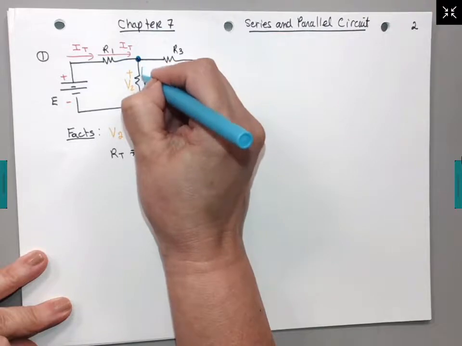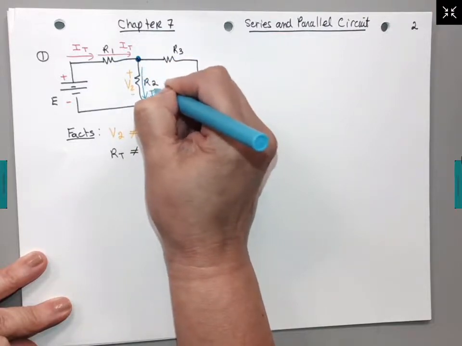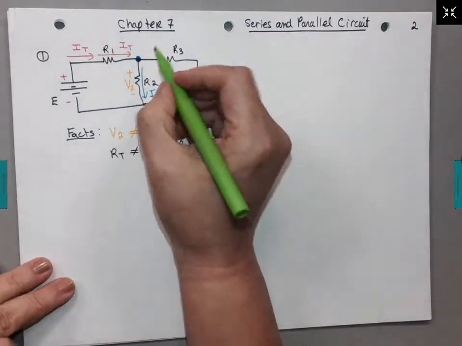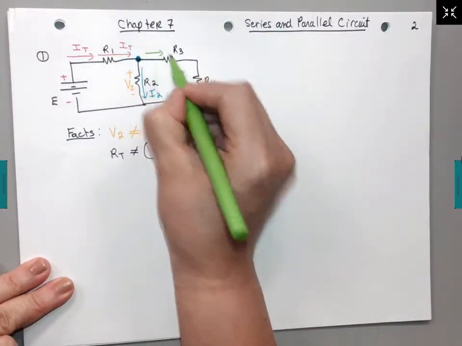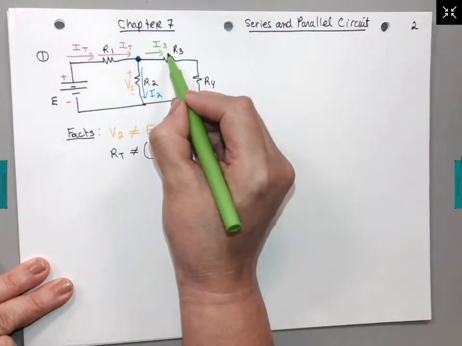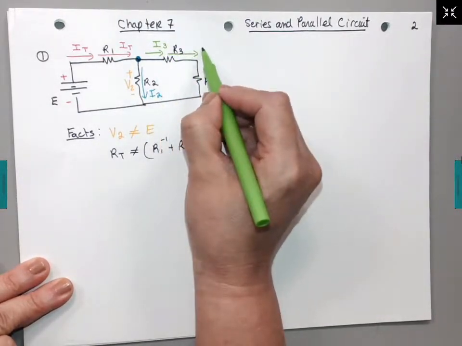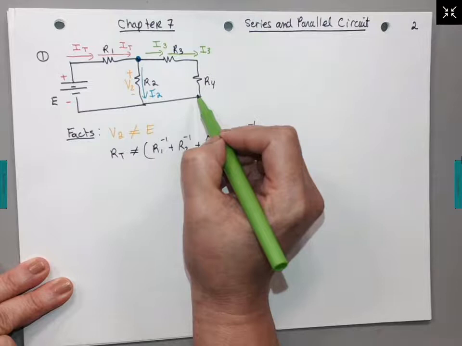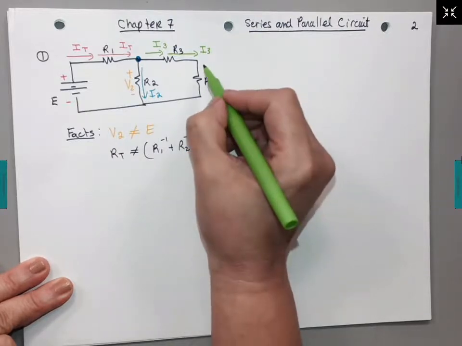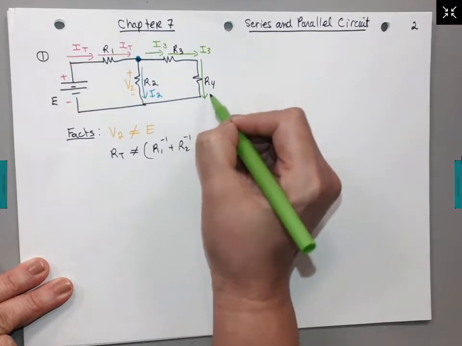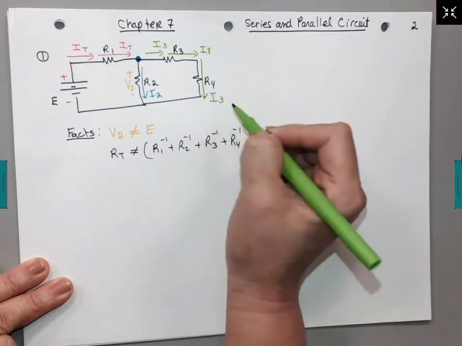He goes down to I2, and I'm going to use a different color, and he goes through, I'm going to call it I3 just because that's the name of the resistor. He goes through resistor 3. What happens in the corner? Nothing. It just goes down. So he does not become an I4, but the current going through R4 is still I3.